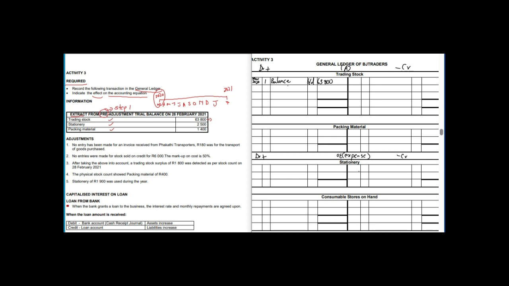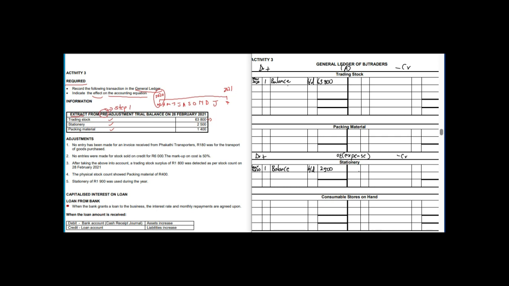And then for our opening balance for stationery we will write 1st March 2020. On the 1st of March 2020, we had an opening balance, which is a balance brought down, of how much? 2,500. And then we have packing material.